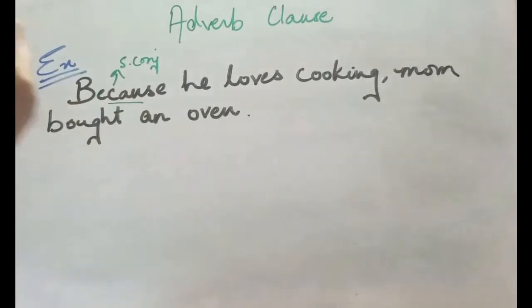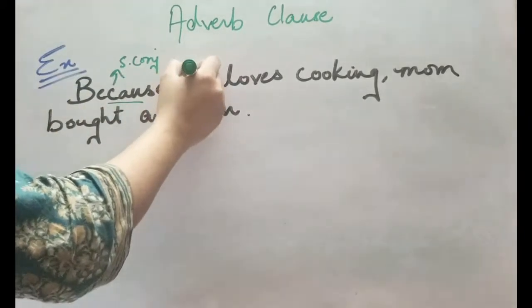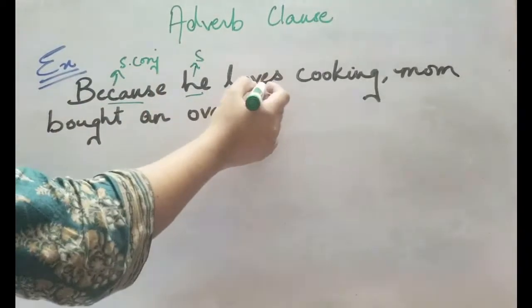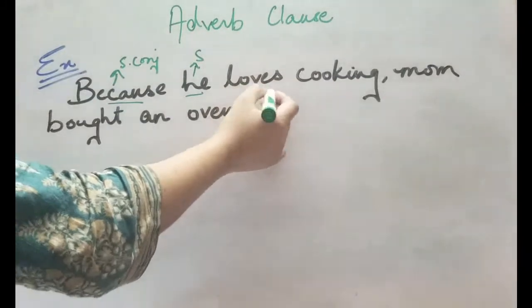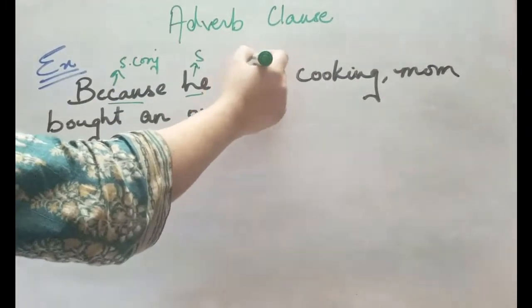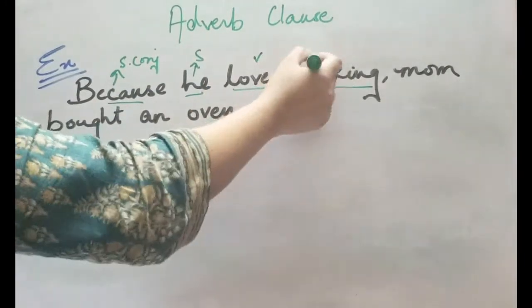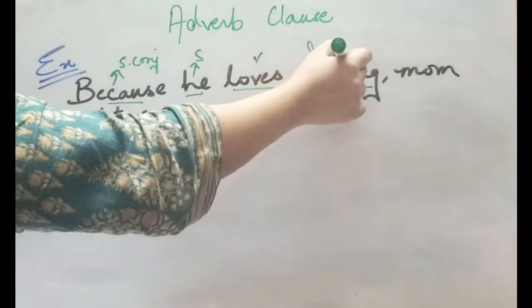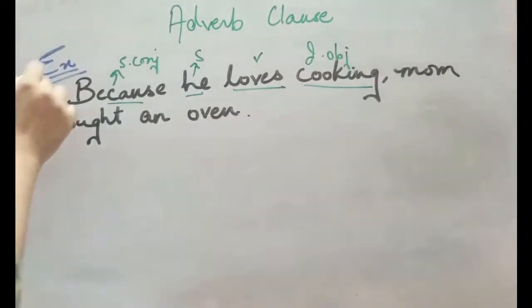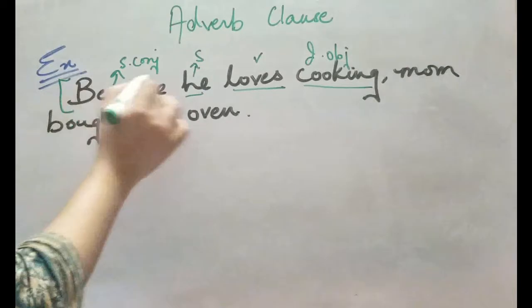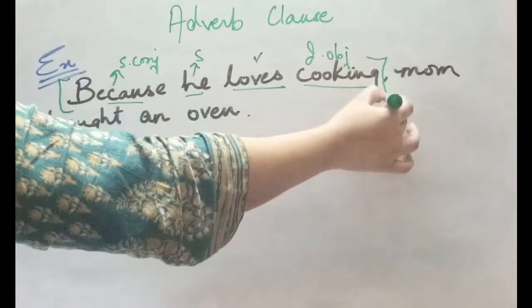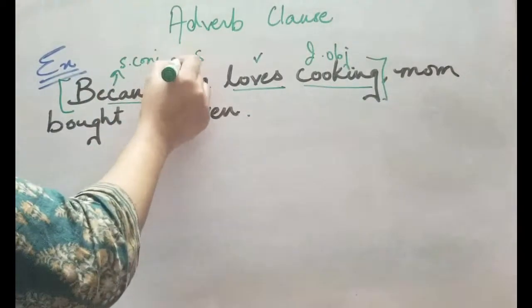Then you have got a subject over here, that is he, and a verb over here, loves cooking. Cooking is your direct object, right? So this whole part, because he loves cooking, is your adverb clause.